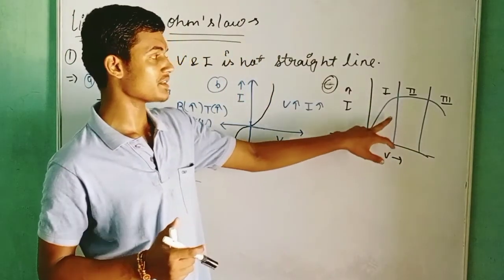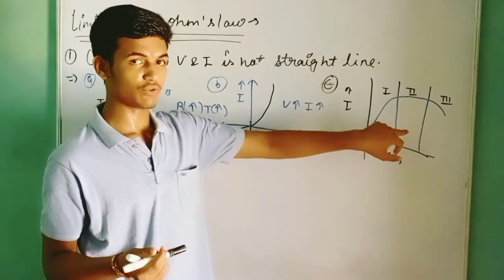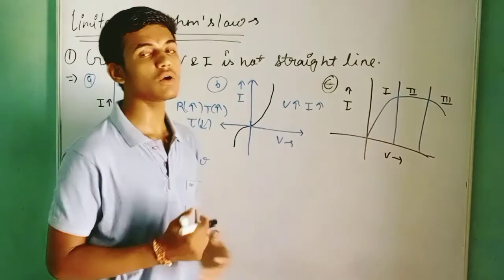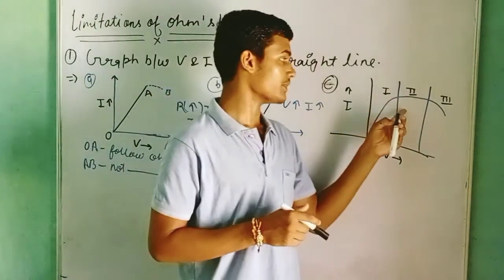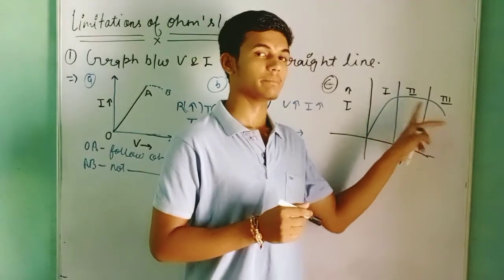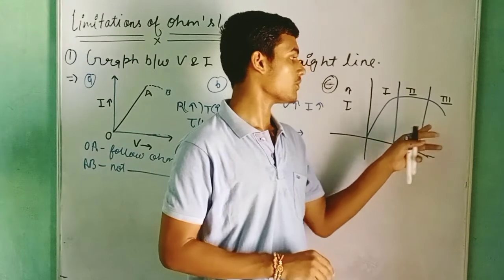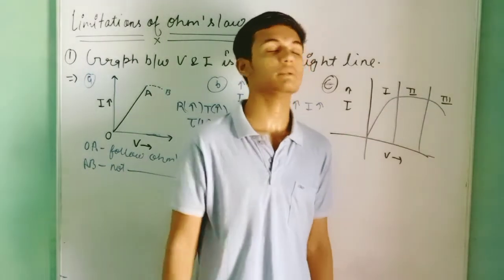In the first region it follows Ohm's law, but in the second region it does not. Here we see V and I is constant, a parallel line. In the third region it crosses all of the limits.